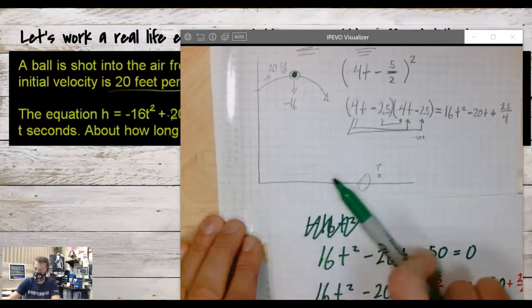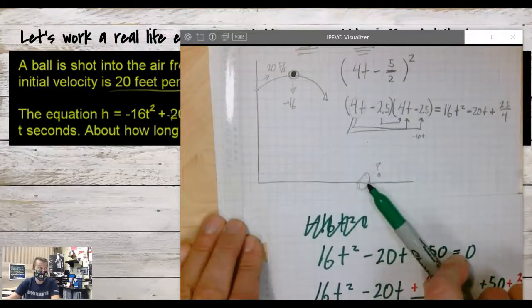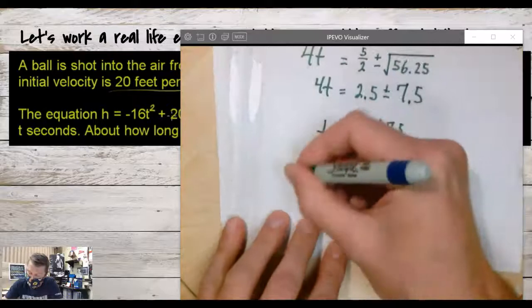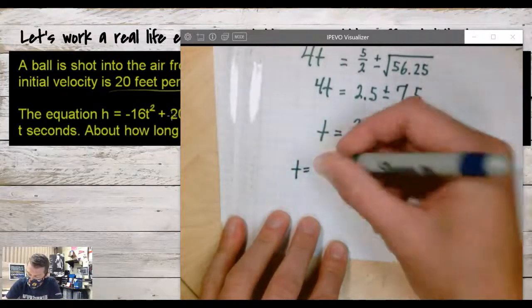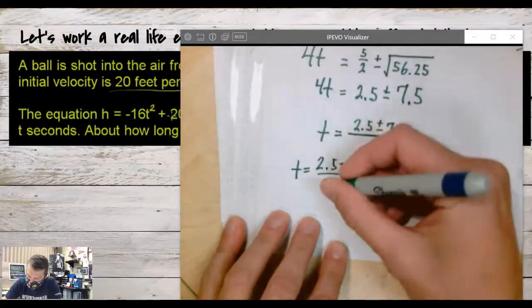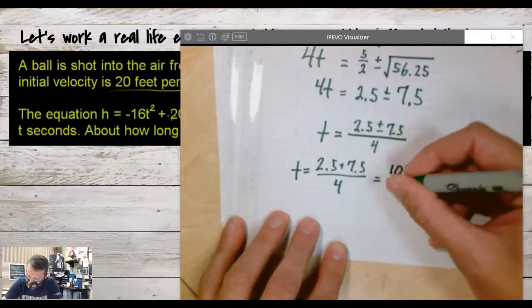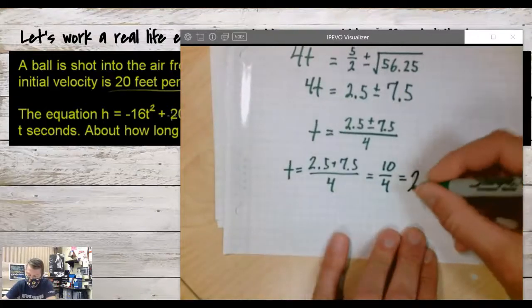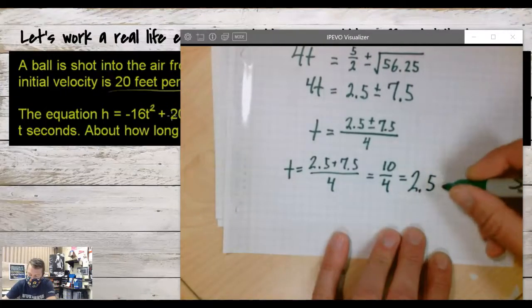But in the context of the problem that we care about, the only 0 we care about is the positive time. So the t that we want to look for is the plus. So 2.5 plus 7.5, well, that's 10. So 10/4 is 2.5.